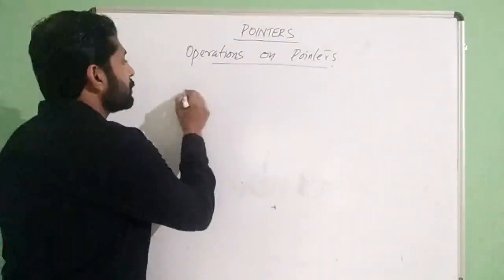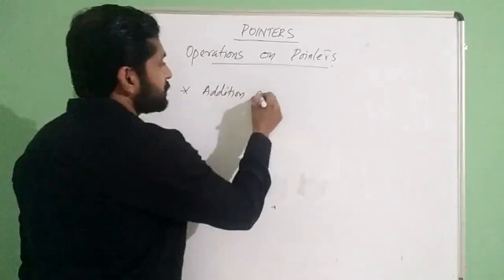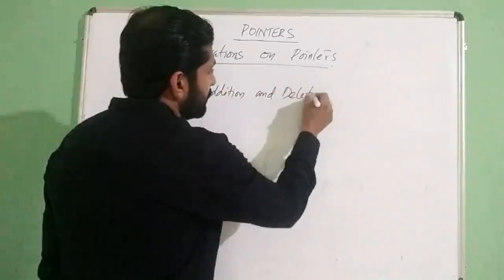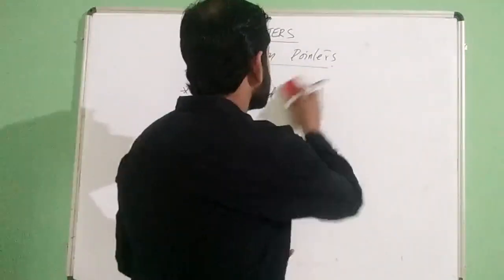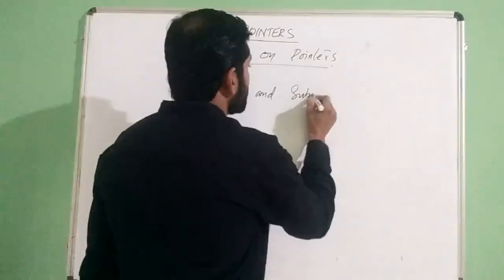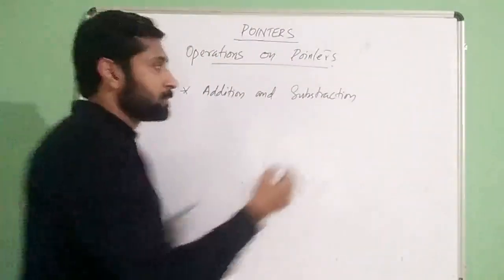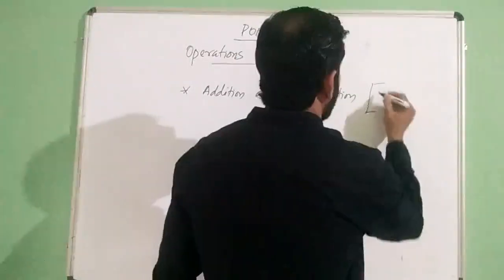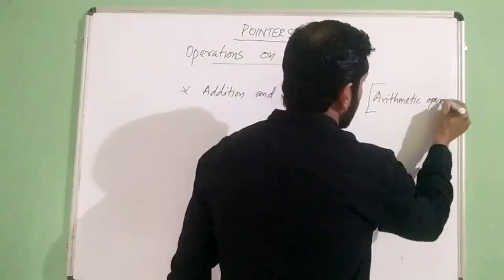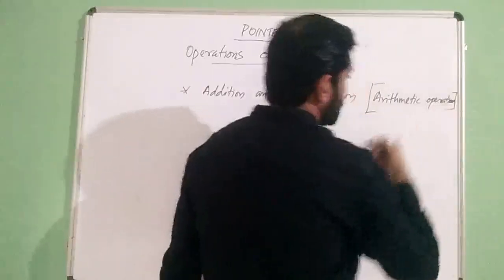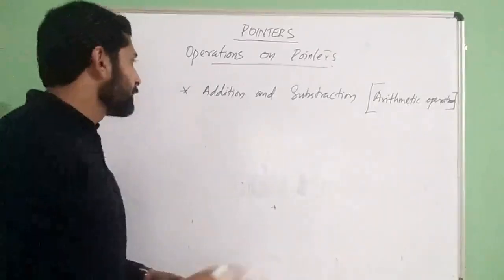We can perform addition and subtraction. These are the two arithmetic operations that can be performed on pointers, addition and subtraction.